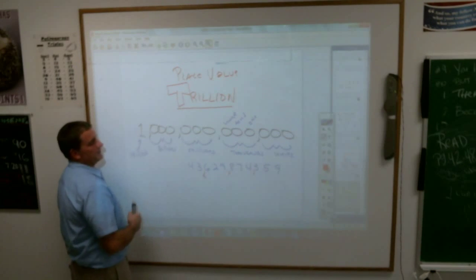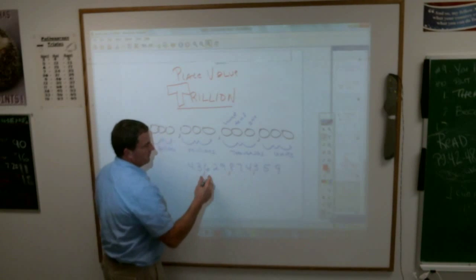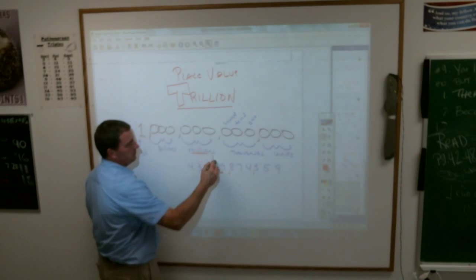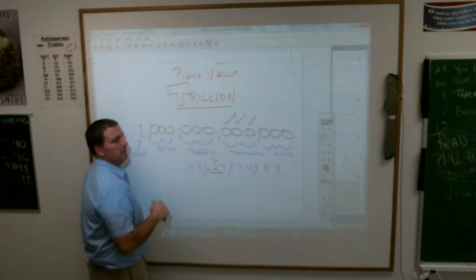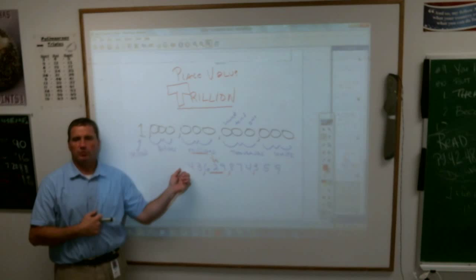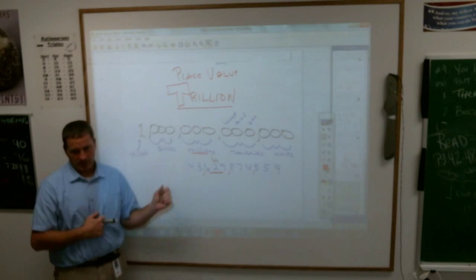So if I asked you what is in the 10 millions place, you go and find the millions period there, and the one in the middle is the tens. What digit is in the 100 billions place? What digit in this number is in the 100 billions place? Elijah? 0.